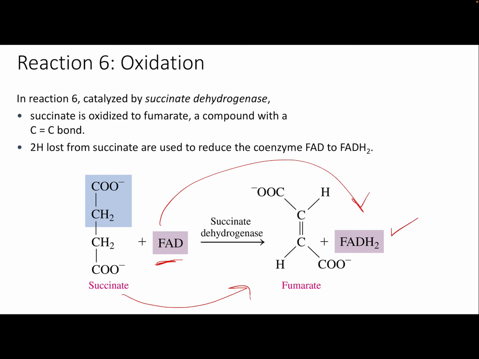At this point, we've already formed two of our NADHs and 2 of our CO2s, a GTP directly, and now an FADH2. There's one more NADH that we're going to form in this citric acid cycle. So now we have succinate being oxidized into fumarate.